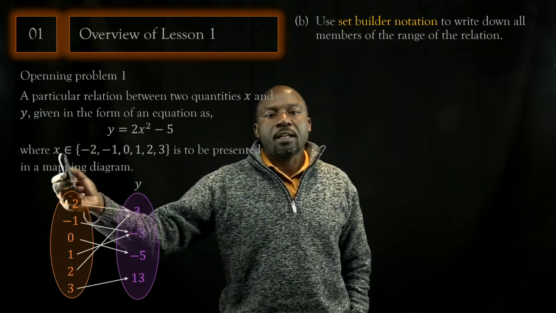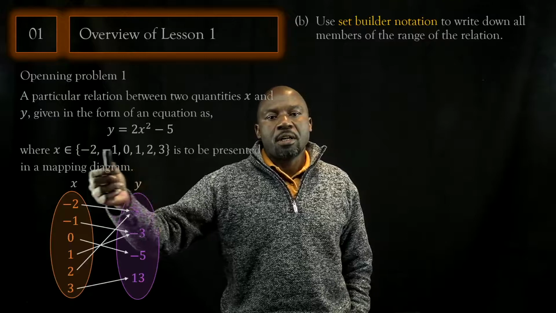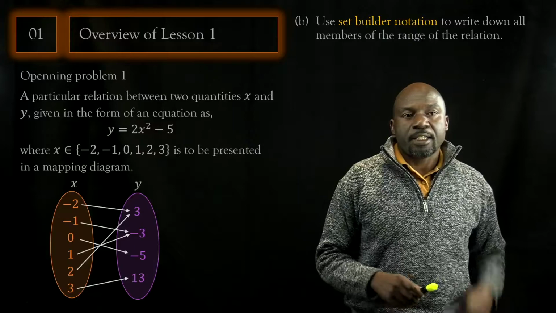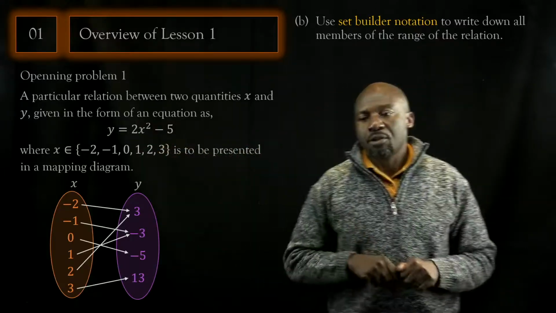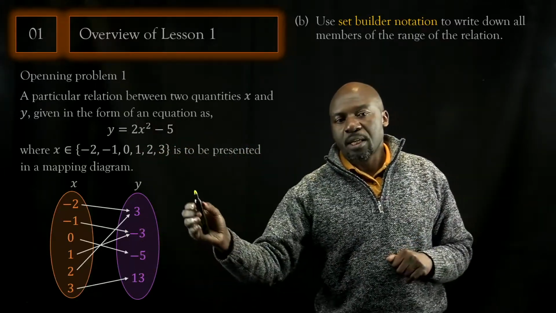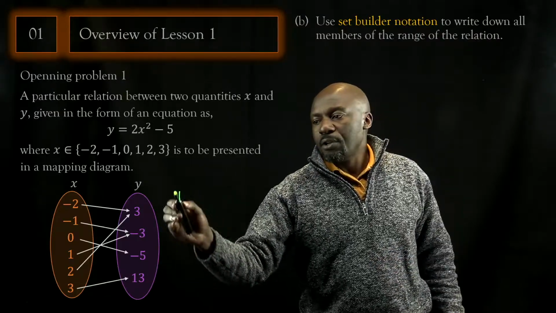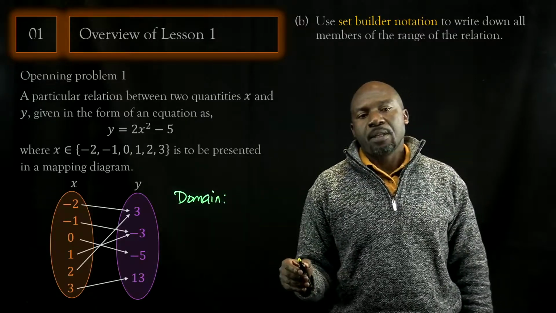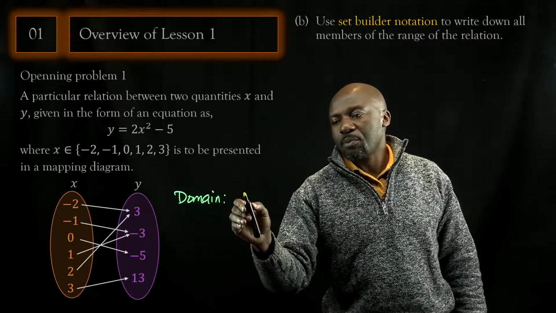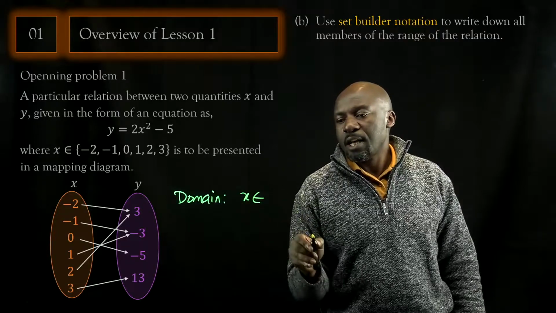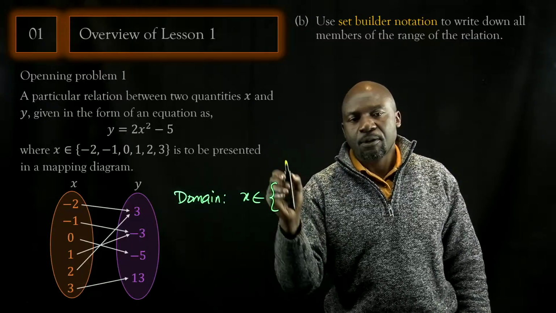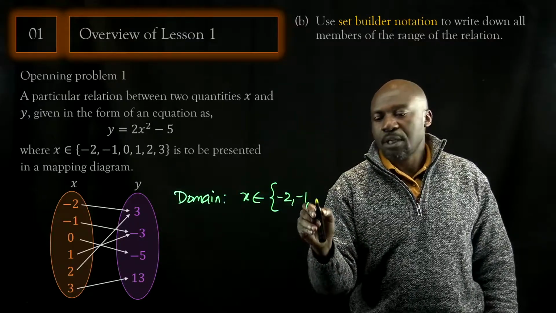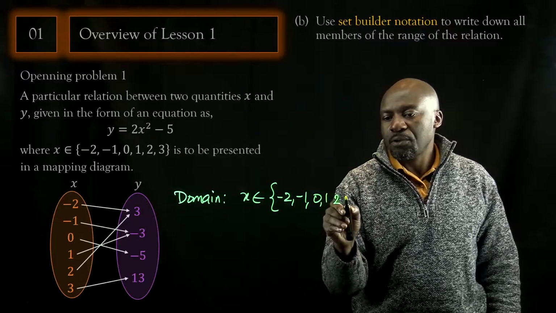What you see right here is a set builder notation for a discrete variable. So this is actually for the domain. By just looking at this, we can see that for the domain there, we can write in set builder notation, the domain is expressed as x is an element of the set containing -2, -1, 0, 1, 2, and 3.